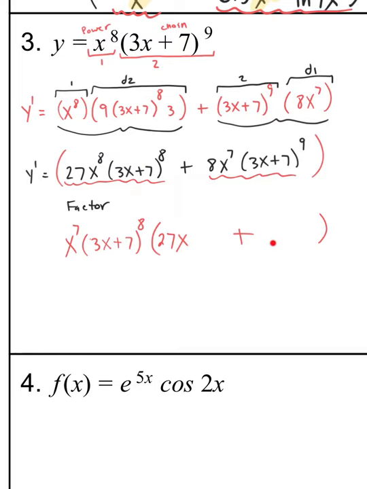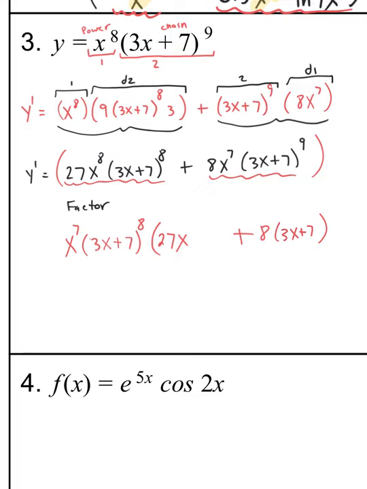To get this term, I simply divide the second term by the common factors. So the 8 is going to come down. x to the 7th divided by x to the 7th is going to cancel out. And then the 3x + 7, I have 9 here and I have 8 here, so I have 1 left: 3x + 7.